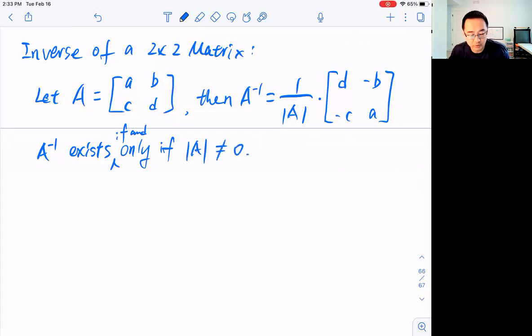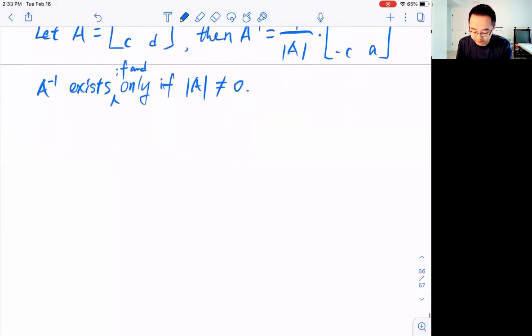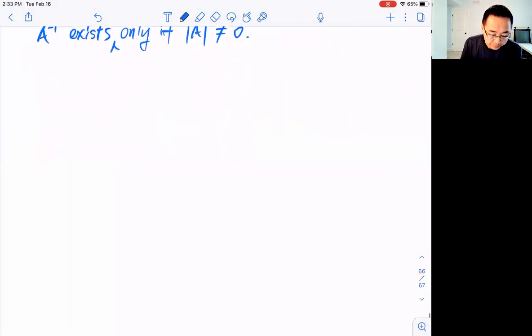If the determinant is 0, then the inverse is undefined and doesn't exist. Or in other words, you can say that A is invertible if A inverse exists, or not invertible if A inverse does not exist. So again, let's look at some examples.